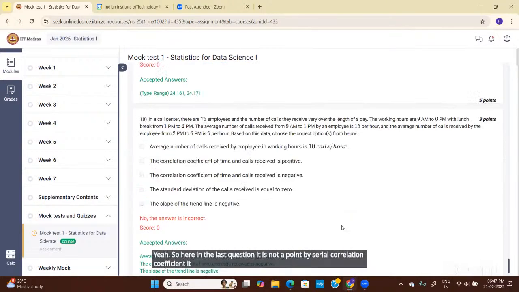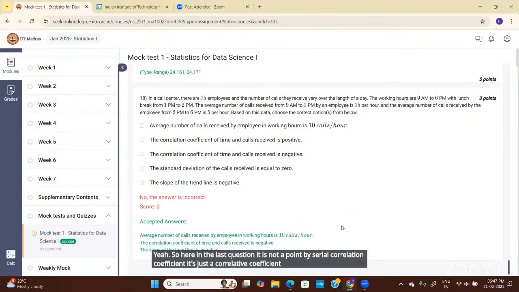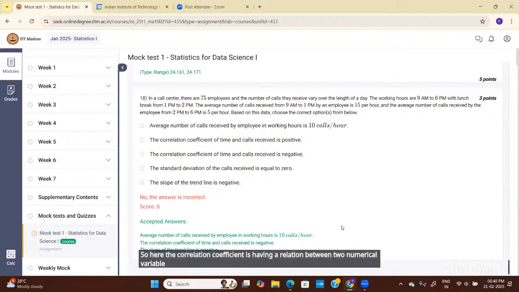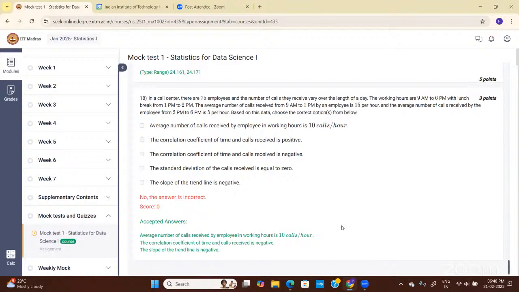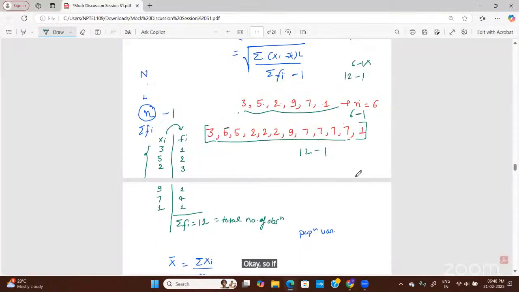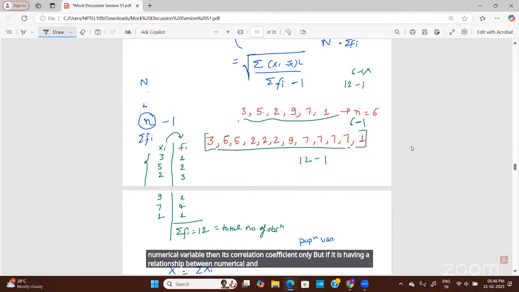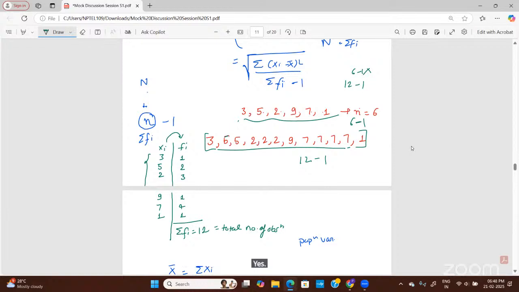It's just a correlation coefficient between two numerical variables. But if it is a relationship between a numerical and a categorical variable, then it would be the point biserial correlation coefficient. The formulas are different.